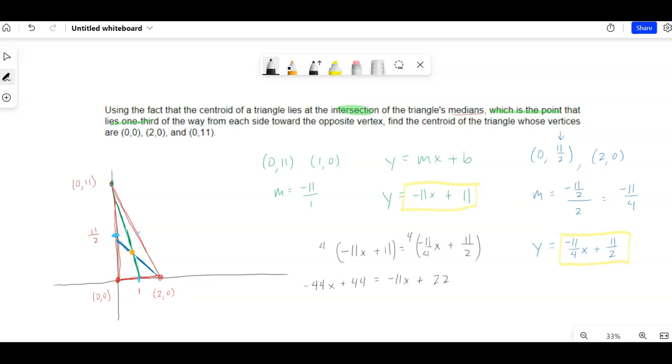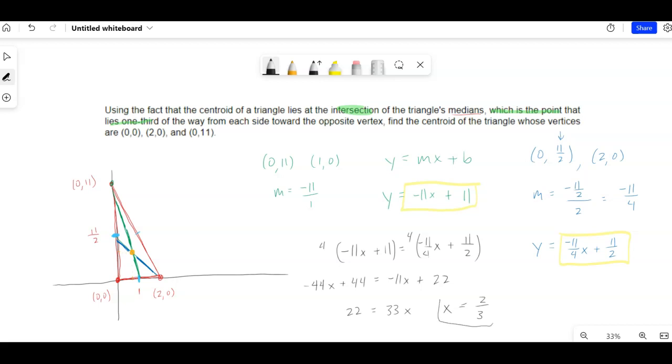The 2 will go into the 4, 2 times 11 is 22. Then moving things around, the 22 comes over and subtracts and gives me a 22. The 44 becomes positive and goes over with the 11 to make 33x. So if you divide 22 by 33, you get 2/3.